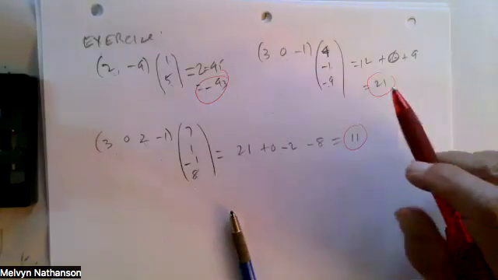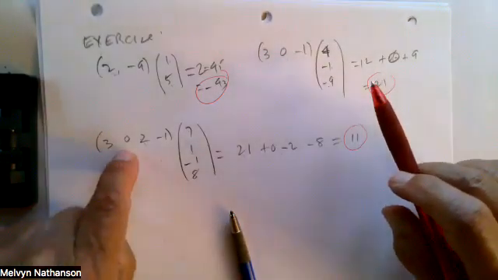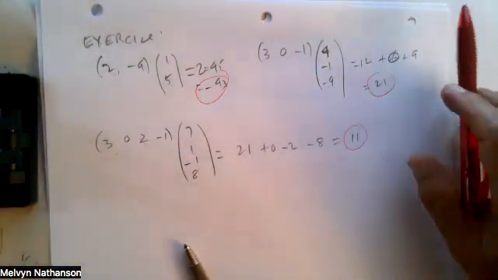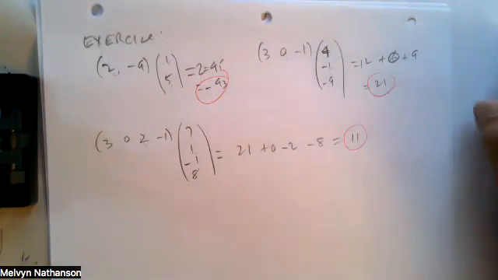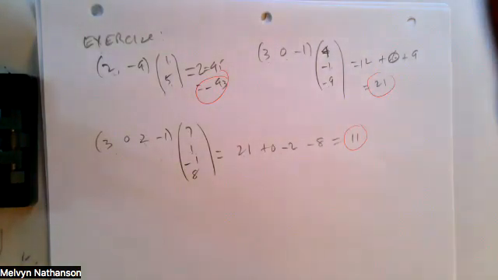Okay. So this is called multiplying a row into a column. That's how you do it. And once you understand how to do that, then we can define how and under what circumstances you can multiply two matrices.